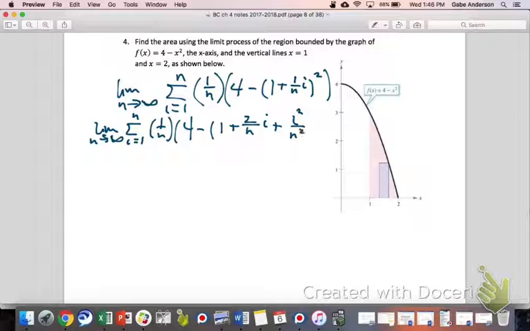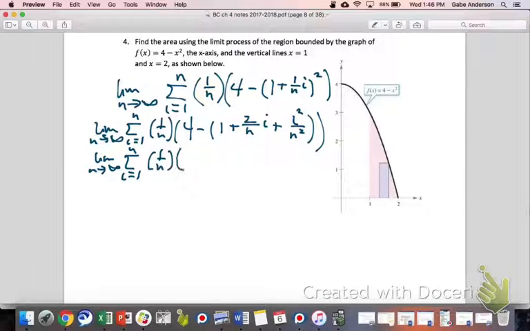All right, so there's that right there. And then, let's see here, let's go ahead and do 4 minus and distribute some minus signs and add some like terms. So we're going to have the limit and the sigma and the 1 over n still.